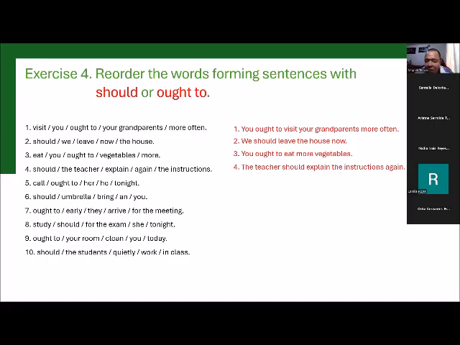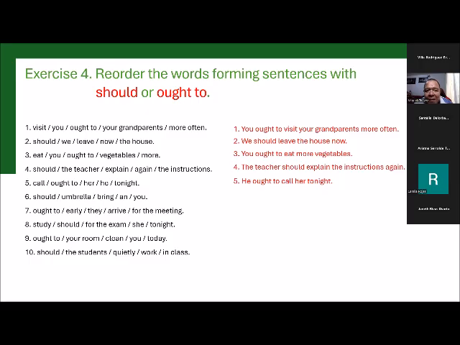Okay, number 5. A volunteer for number 5. Please, thank you, Janet. He ought to call her tonight. Yes, you're right. Number 6. You should bring an umbrella.